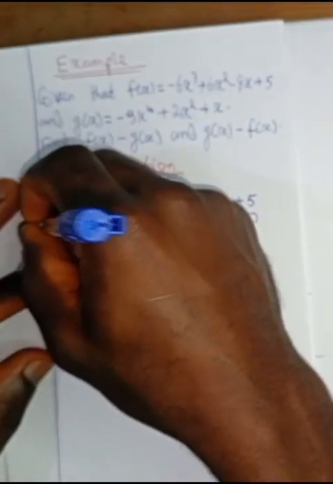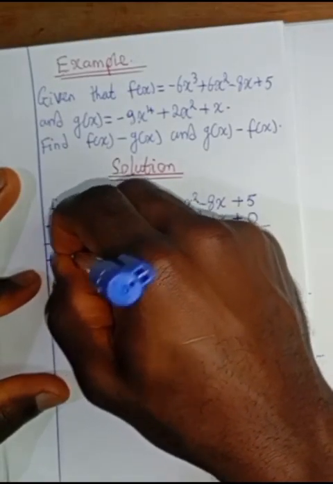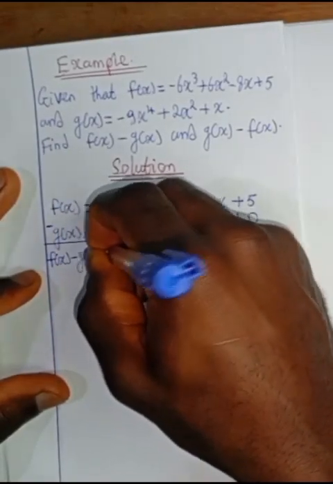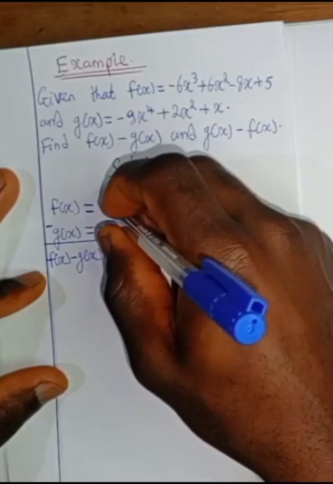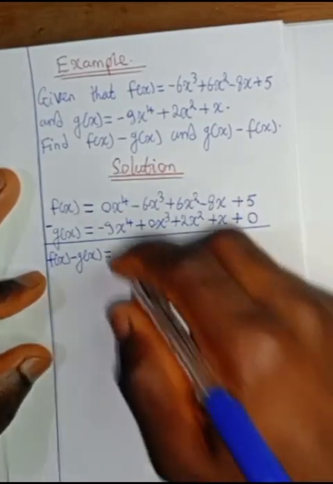Here to subtract. Below we have f of x minus g of x. All the terms on any vertical alignment are like terms.